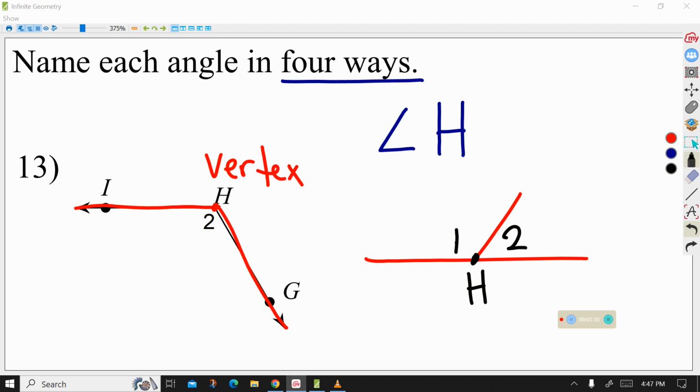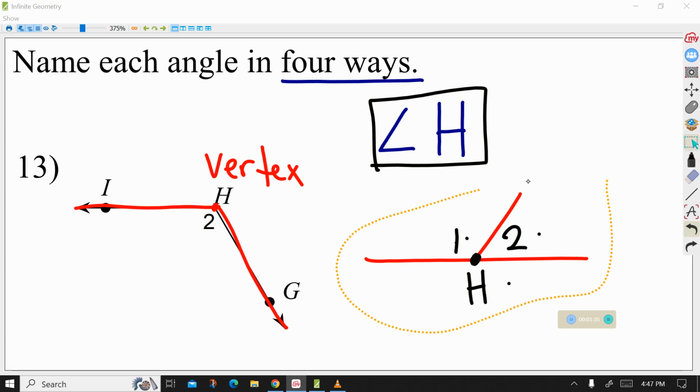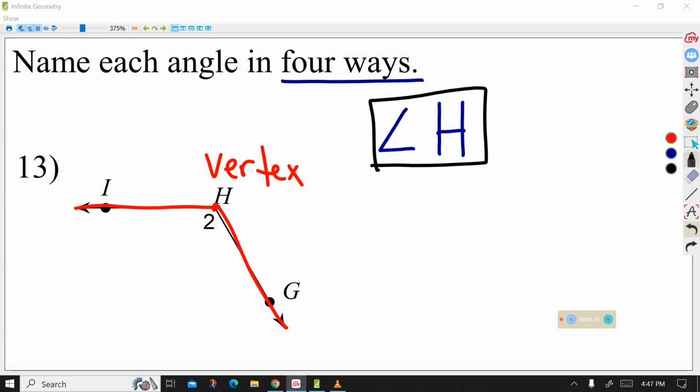They're not the same thing. So we can only use one letter in a case where it's very clear that there's only one angle described by that point. So in a case like this, we cannot do that. I'm not allowed to call either of these angles angle H, because there are 2 angles there. So we'll go back and think about that more.